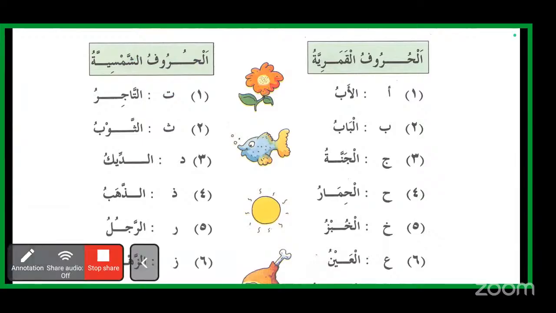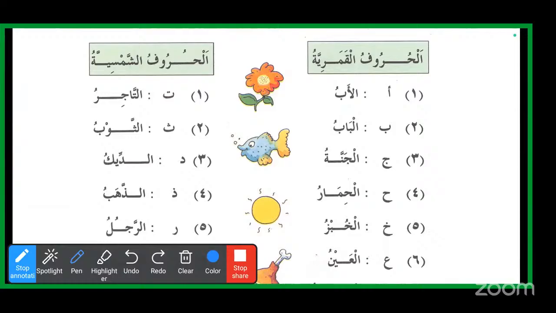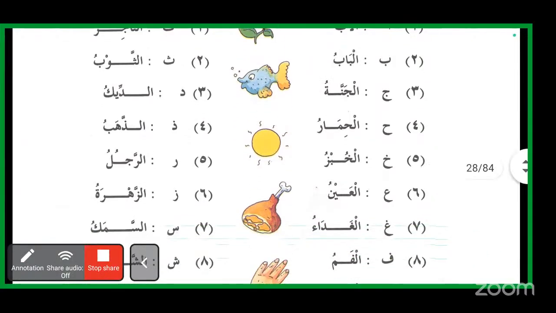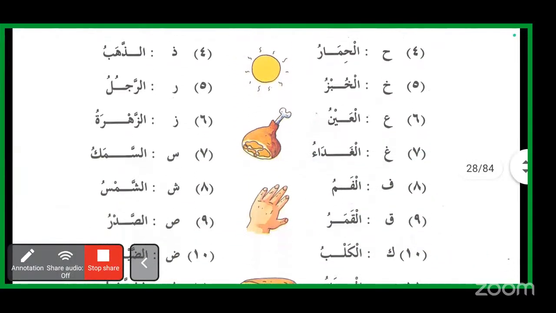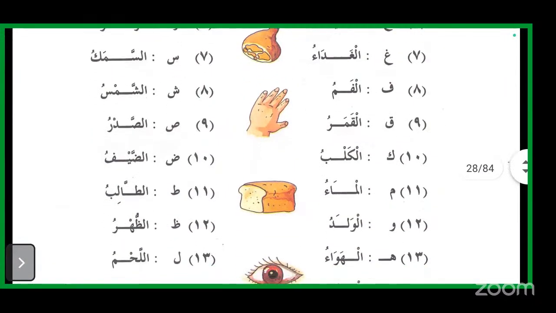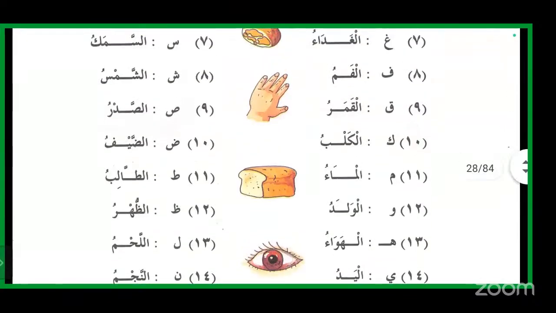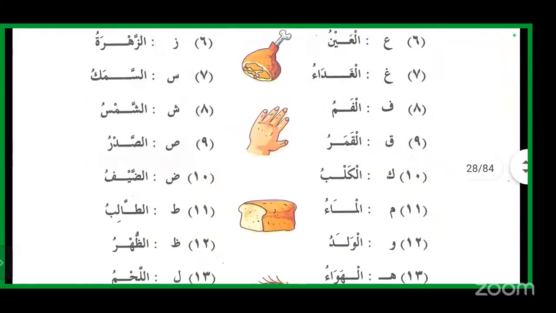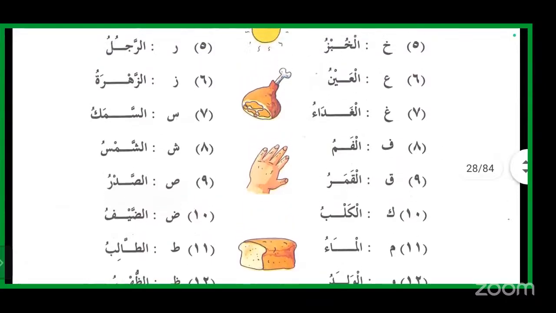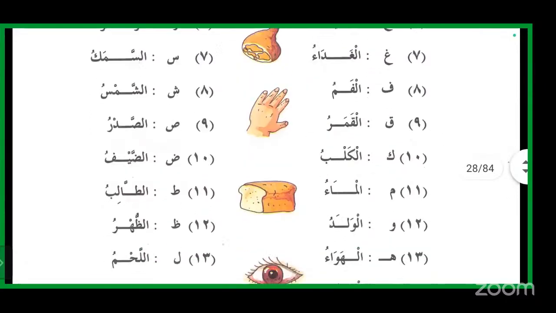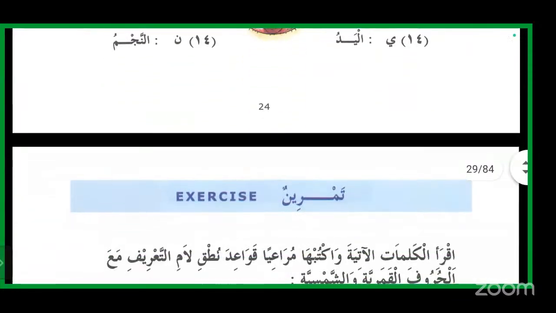The reason behind huruf al-shamsiyya and huruf al-qamariyya is that all the letters that are in proximity to lam get merged into lam, like the letter noon, like the letter shin, like the letter sin. All of them are in proximity, so that is why.